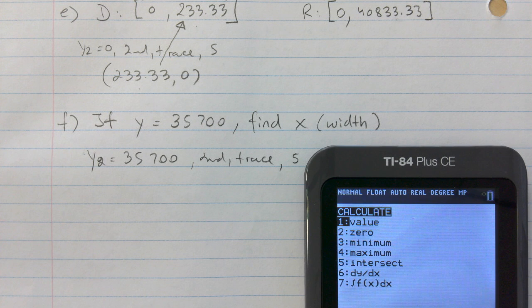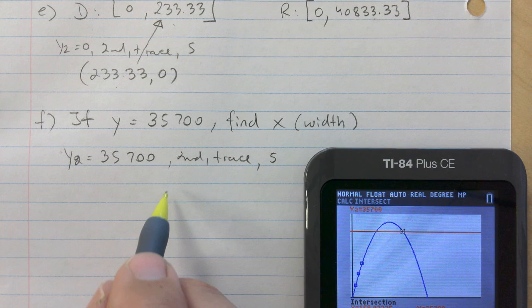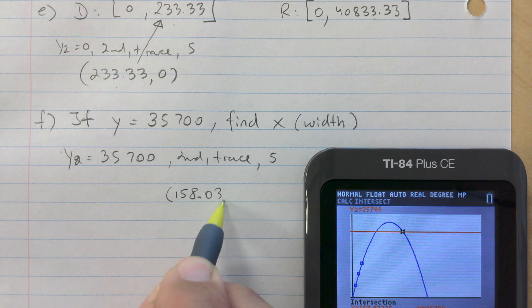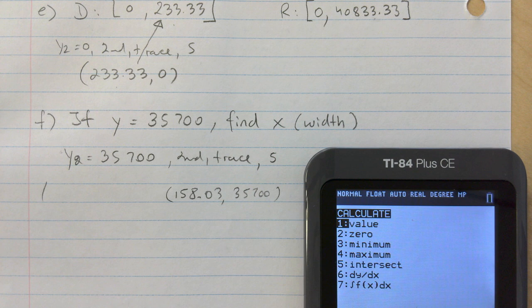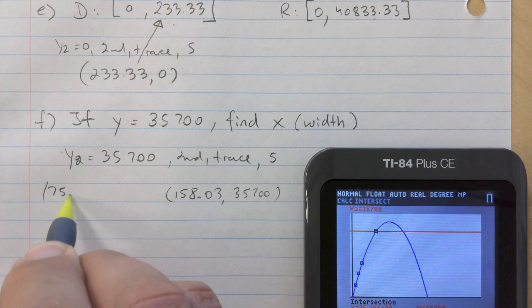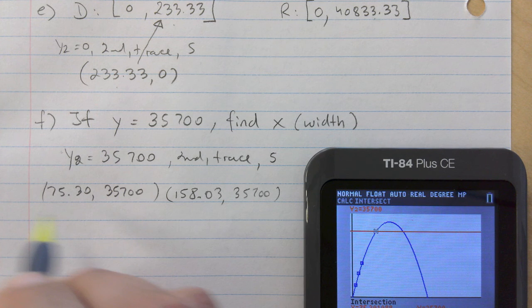I'll write down the first one because I'm already there. 158.03, 35,700, and the second one 75.30, 35,700. This is width and area, width and area.